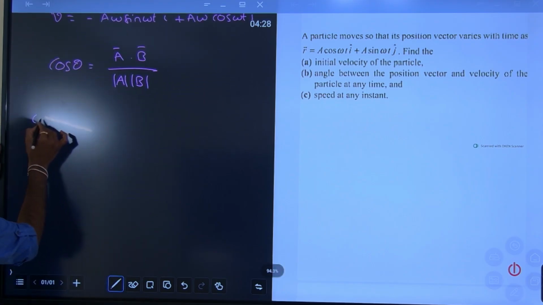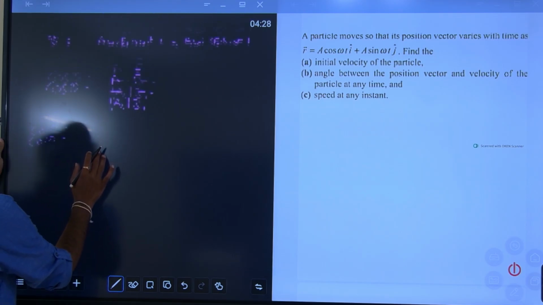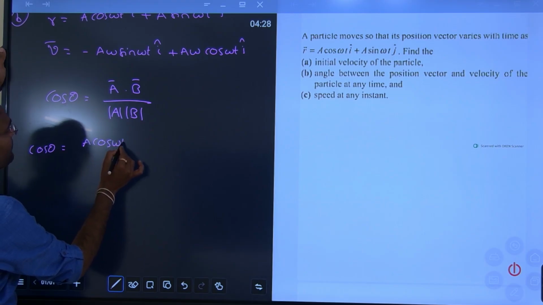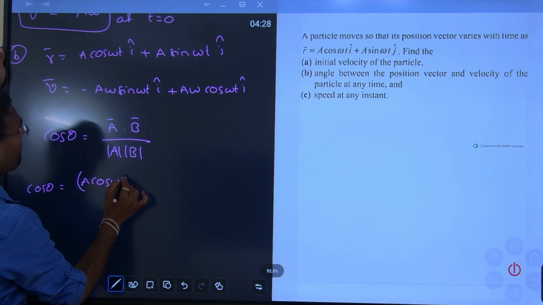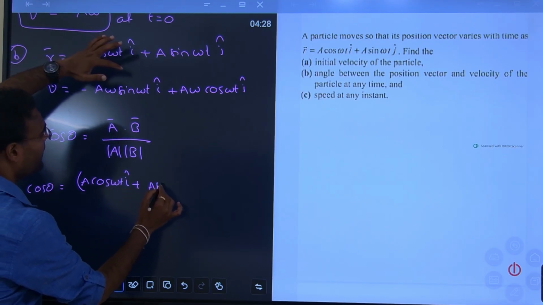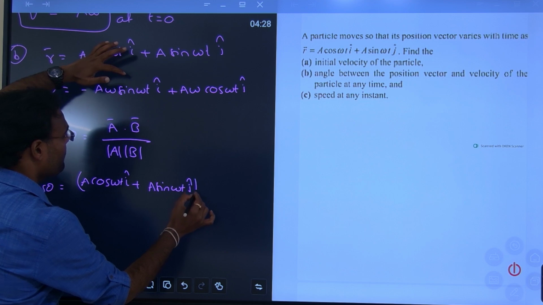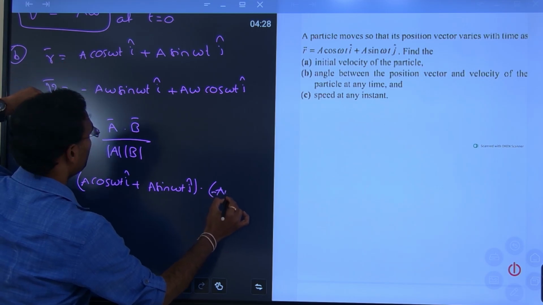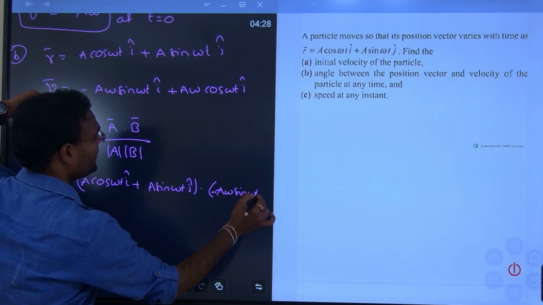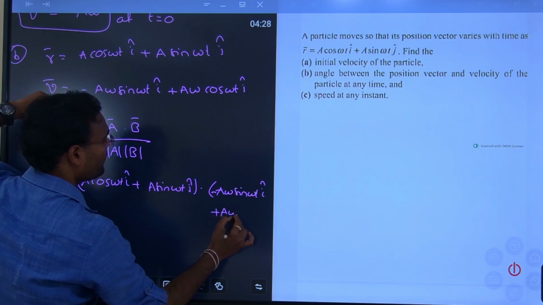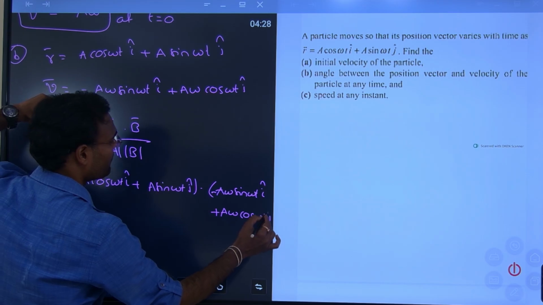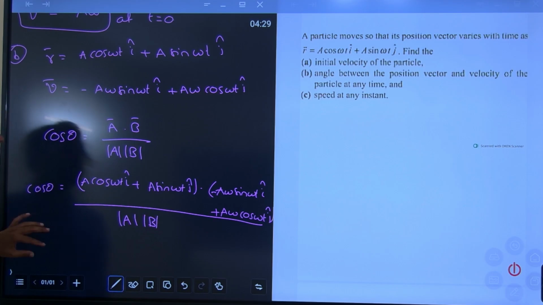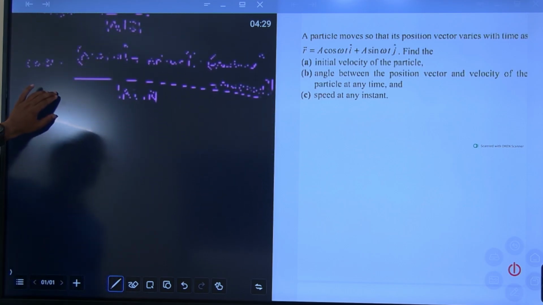So can I write cos theta equals the position vector a cos omega t i plus a sin omega t j, dotted with the velocity vector minus a omega sin omega t i plus a omega cos omega t j, divided by magnitude of A and magnitude of B. I will discuss the magnitudes while I am writing just A and B here.